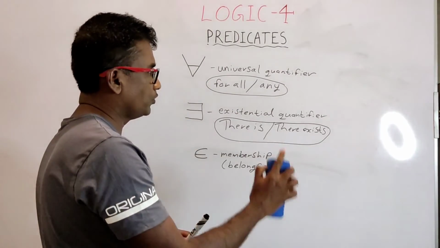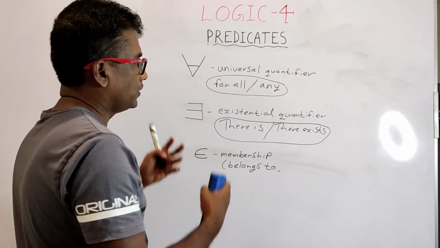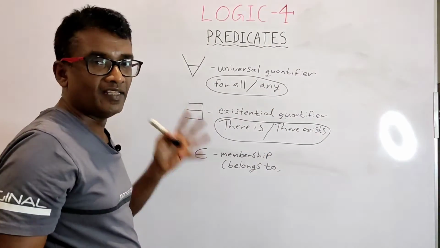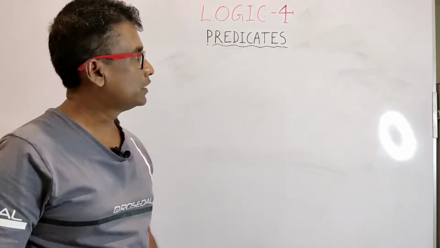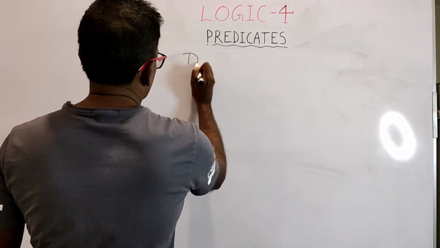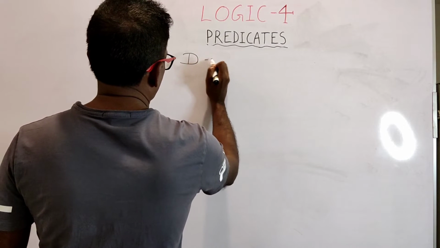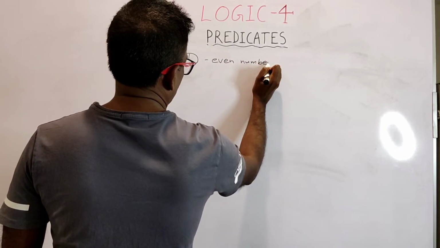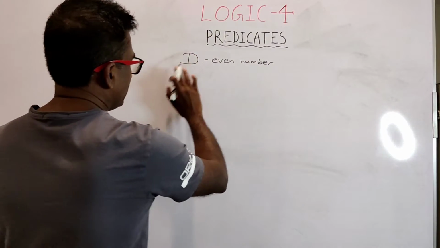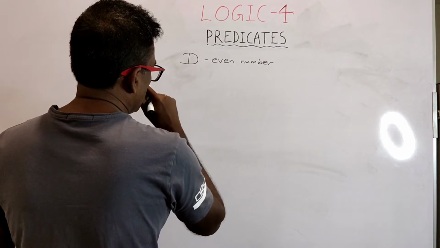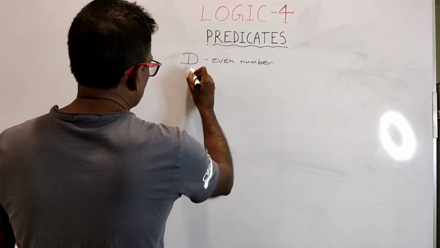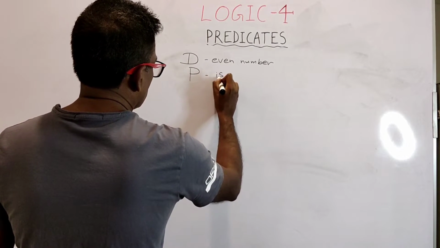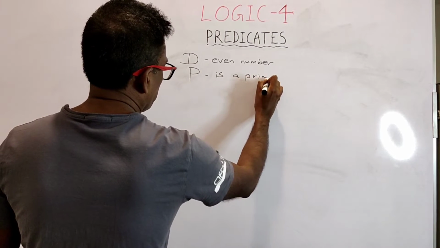Now we are going to show you how to represent a predicate that was converted to a proposition using these three symbols. Now let D be the set of even numbers. The uppercase letter D represents the set of even numbers. So imagine the property P is being a prime number.